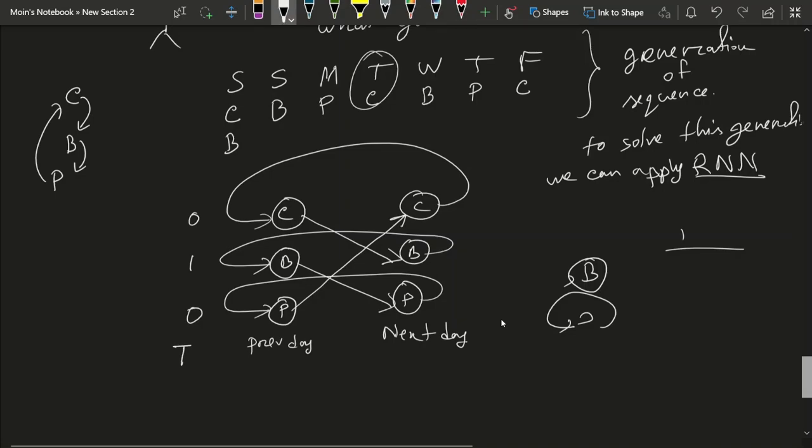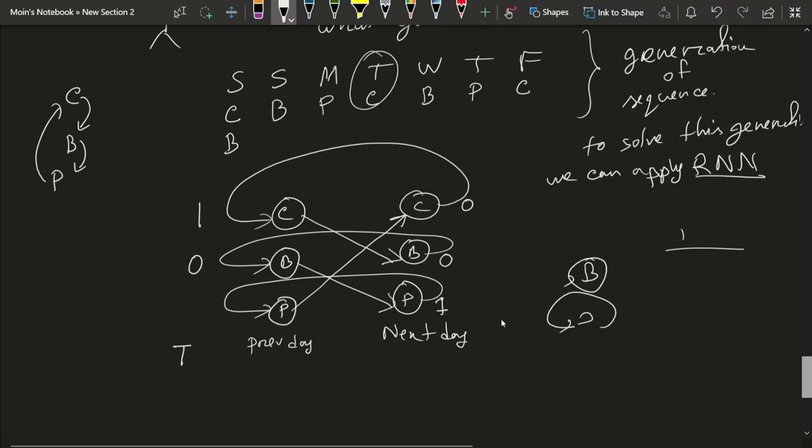So what about the Wednesday? 0 will be fed into burger, 1 will be fed into pizza, and this 0 will be fed into chicken. On that day, if you have 0, 1, 0, that means, okay, my mistake, if it's Tuesday, it could be chicken.